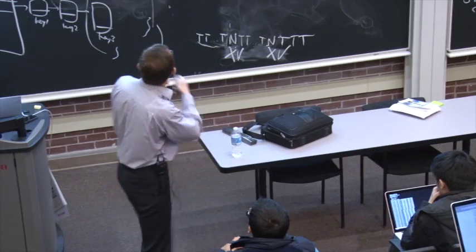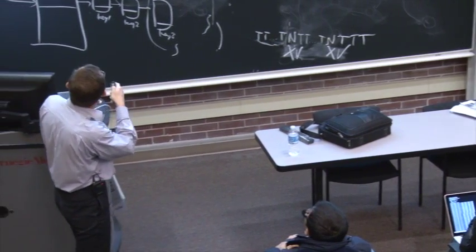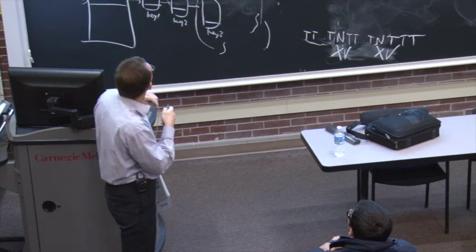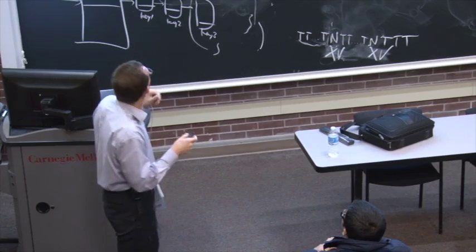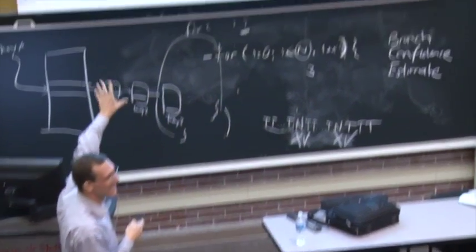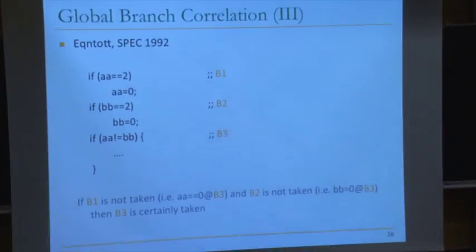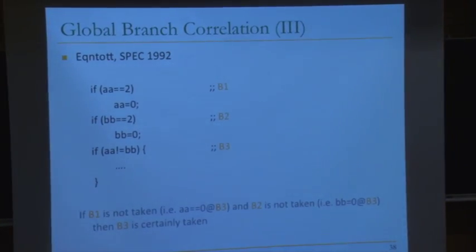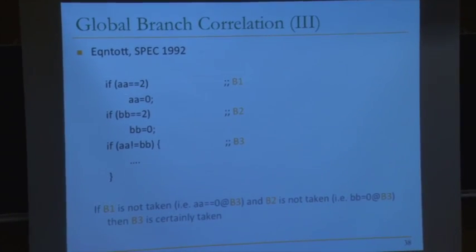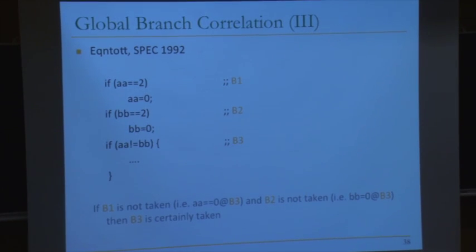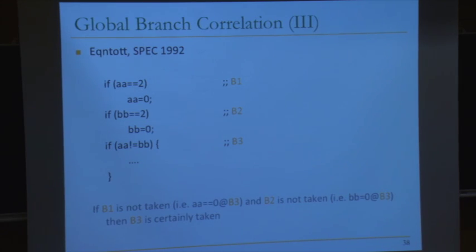And they had this application, which actually, I think it does display truth tables based on Boolean equations. And this was actually a hard case for people to optimize the performance for. And this was one of the reasons. You had this branch, AA is tested to be 2, and you set AA to 0 if that's the case.